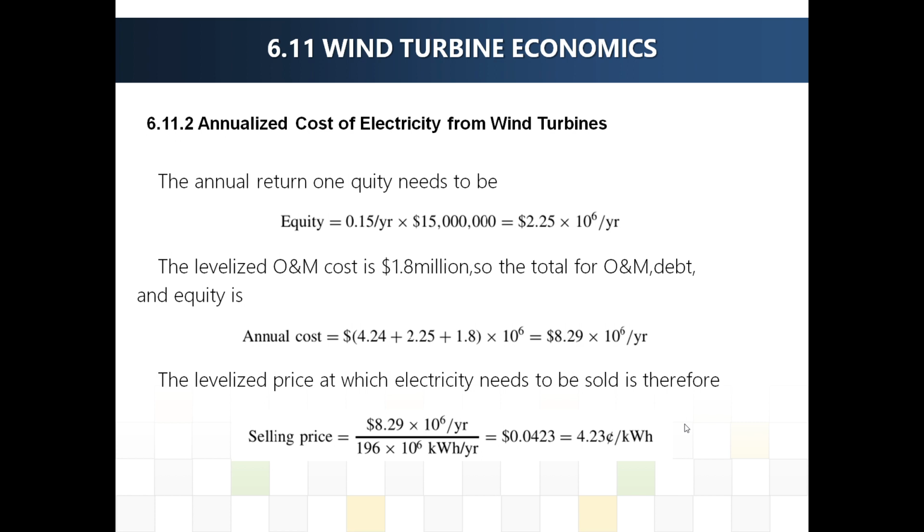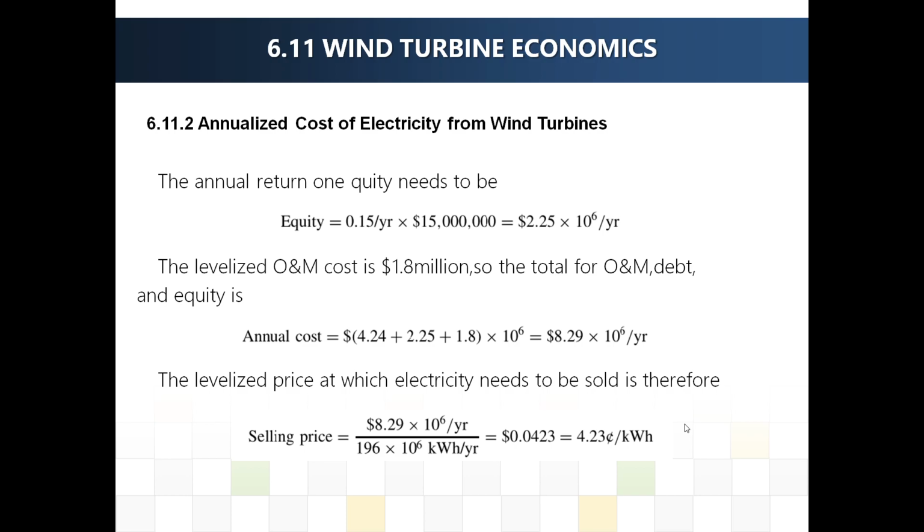The levelized O&M cost is $1.8 million. So the total of O&M, debt and equity will be 4.24 plus 2.25 plus 1.8 million. Therefore, it's equal to $8.29 million.